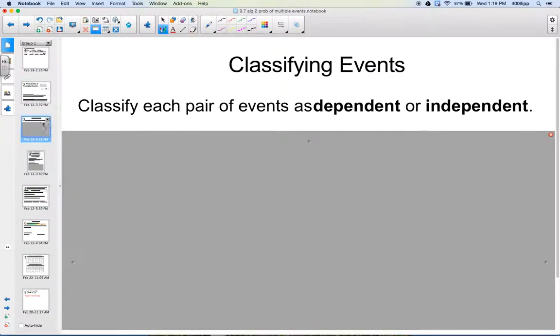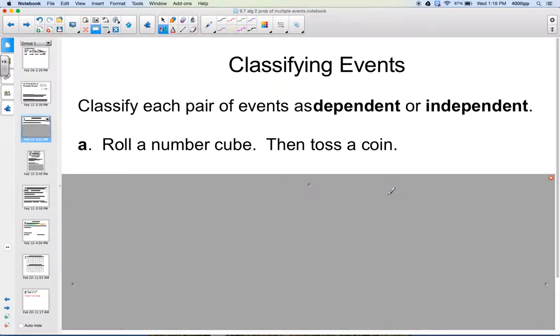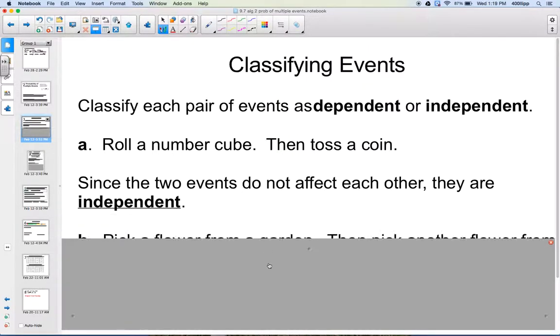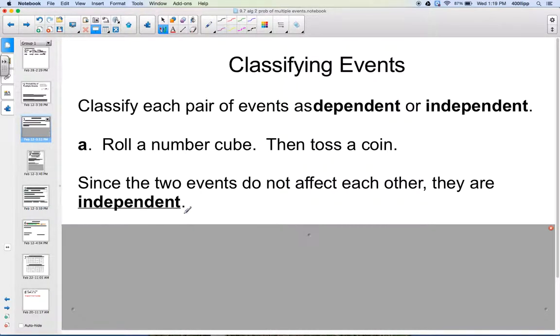So to go over a few where we're classifying events, they are either dependent or independent events. If we roll a number cube and then toss a coin, we should know that these are not going to affect each other, one or the other. So therefore, they're independent from each other.